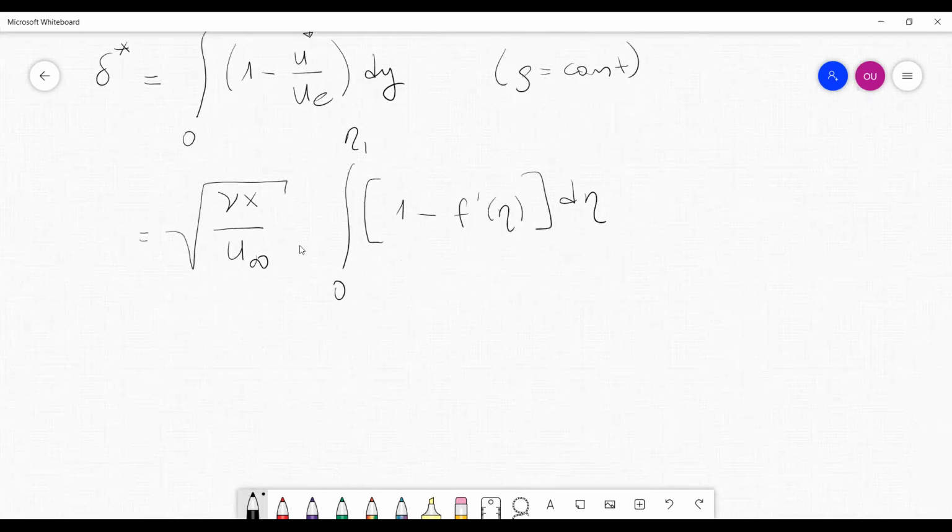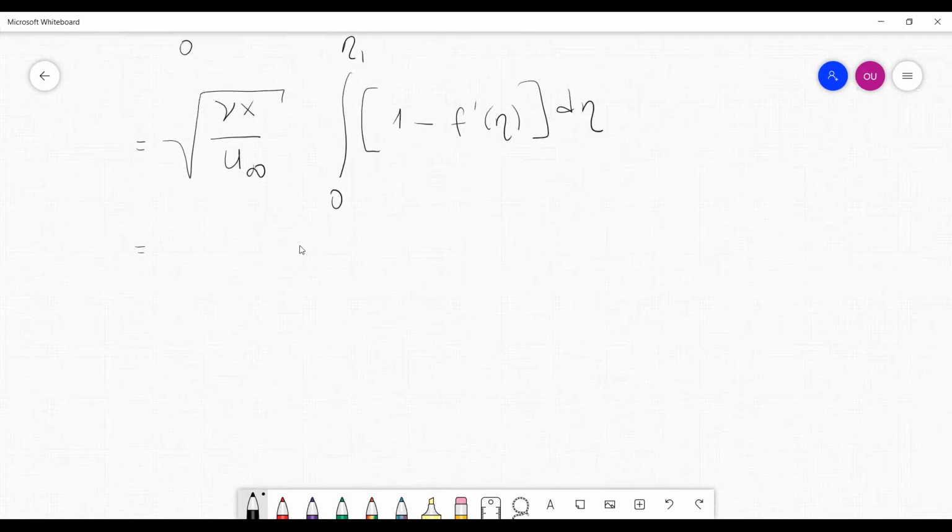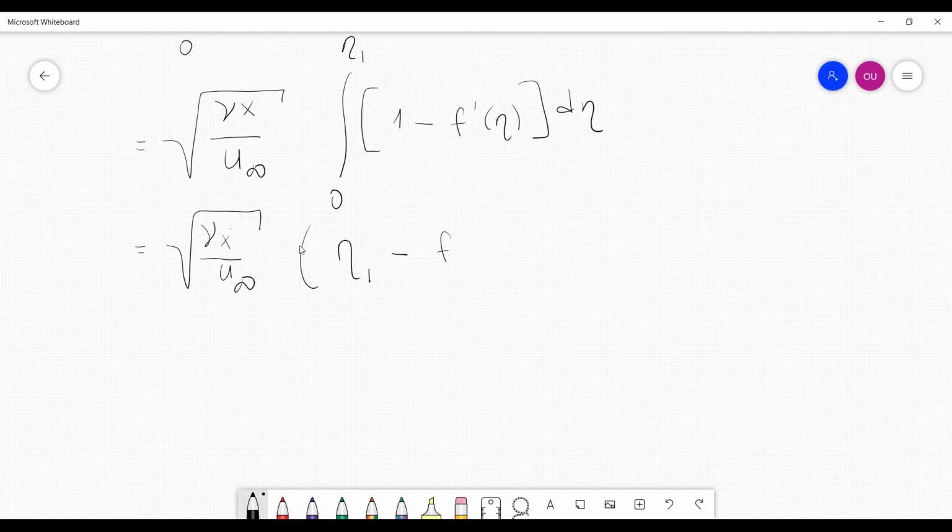When we do this integration, this is going to be equal to the square root of nu times x divided by U infinity, multiplied by eta 1 minus f at eta 1.